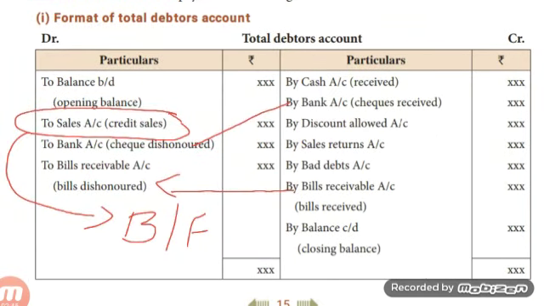When we receive cash from debtors, enter that on the credit side as by cash account. When we receive a cheque from debtors, enter that on the credit side as by bank account.